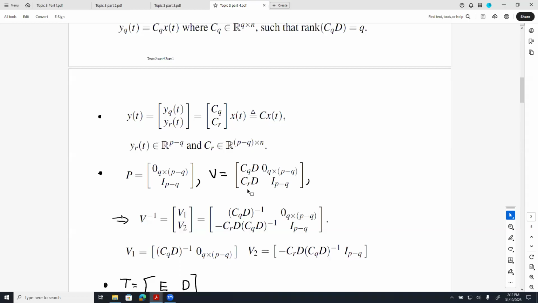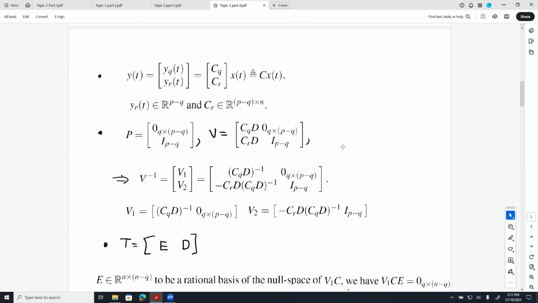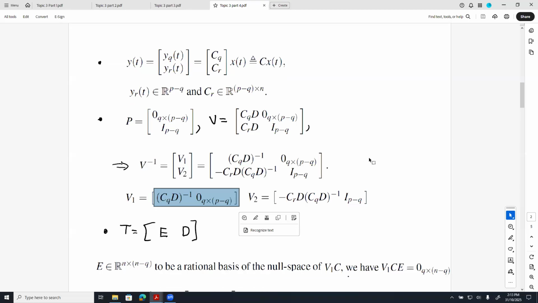And it is of this special form because of the way we pick matrix P. And if this is the case, then we can work out the inverse of matrix V, and we partition that into two submatrices. We call it V1. Now V1 has this structure here, which is the one down here. Now remember that V1 is of dimension Q by P, sorry.